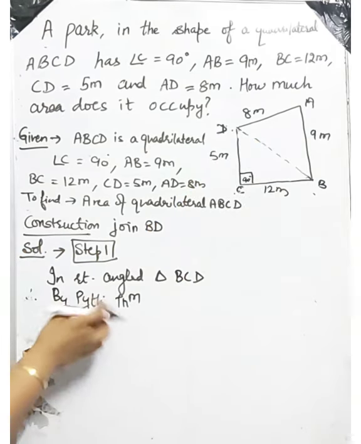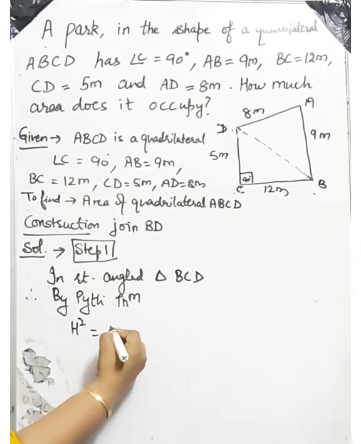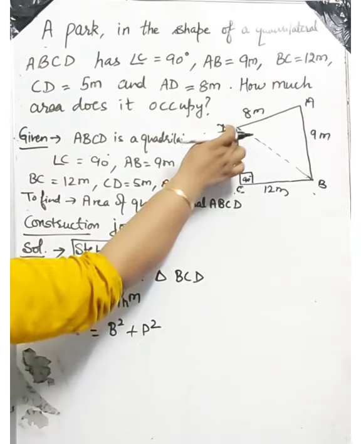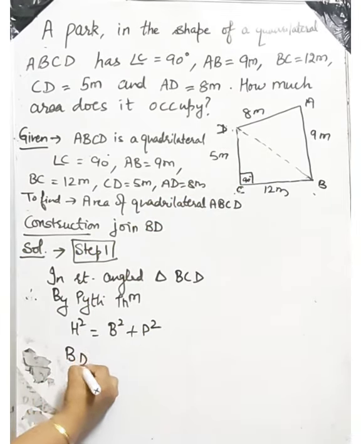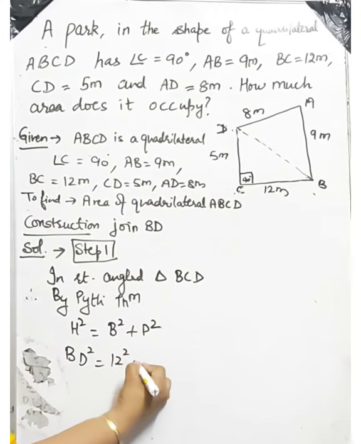Hypotenuse square, we know the formula of Pythagoras theorem. Hypotenuse square equal to base square plus perpendicular square. Hypotenuse is BD. BD square equal to base square plus perpendicular square.